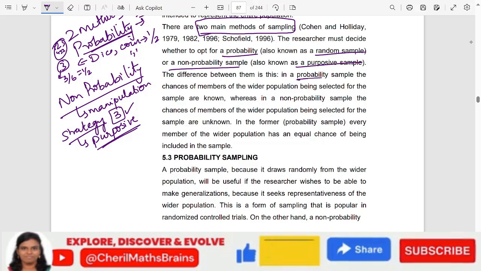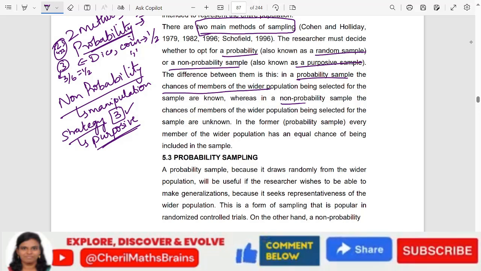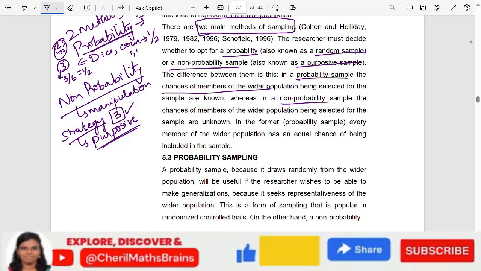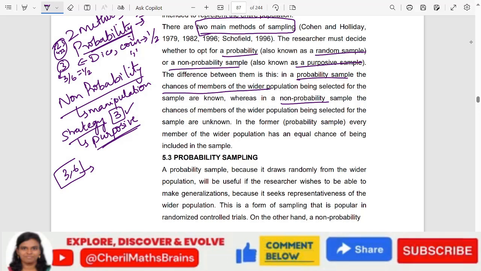In probability sampling, the chances of members being selected for the sample are known, and in non-probability you cannot say. In non-probability you can make it in such a way that you get only 3 or 6, going towards a purpose. In that case, the chances of 1, 2, 4 and 5 are not going to be there. So they don't have equal chances, whereas this has more chance.